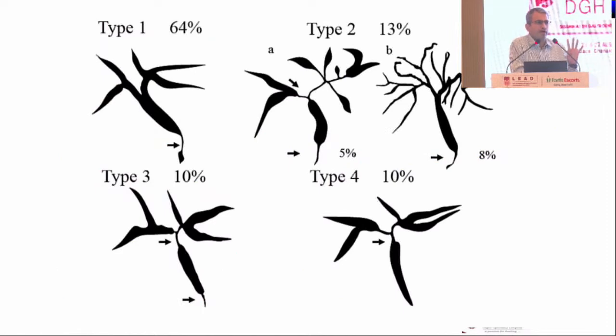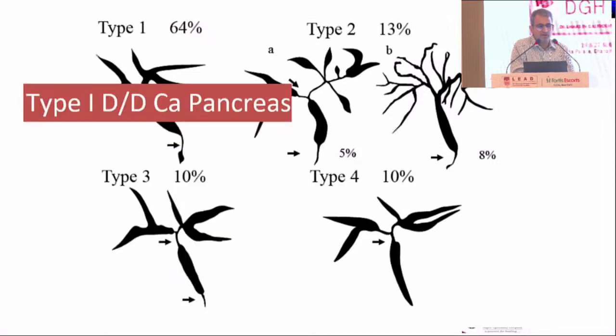We have 4 types of IgG4 cholangiopathy. The commonest one is type 1. Type 1 is primarily pancreatic involvement, autoimmune pancreatitis, leading to stricture of the lower end of the CBD, and that constitutes almost two-thirds of all patients you see. That is the garden variety, 64%. A close differential in such cases will be carcinoma head of pancreas because of the lower end CBD involvement.